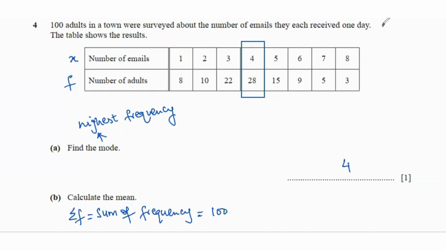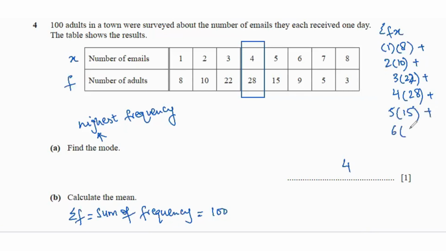So if we find sigma fx over here, that's going to be 1 times 8 plus 2 times 10 plus 3 times 22 plus 4 times 28 plus 5 times 15 plus 6 times 9 plus 7 times 5 and 8 times 3.